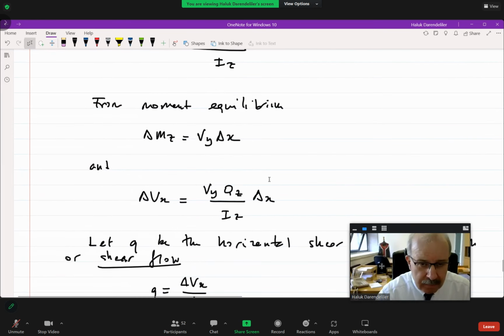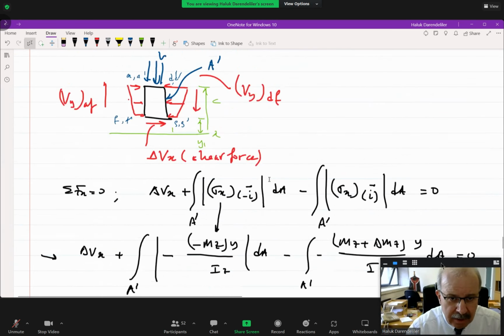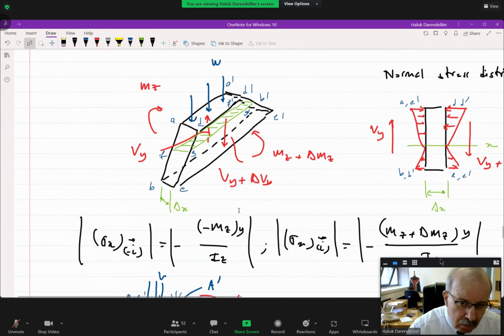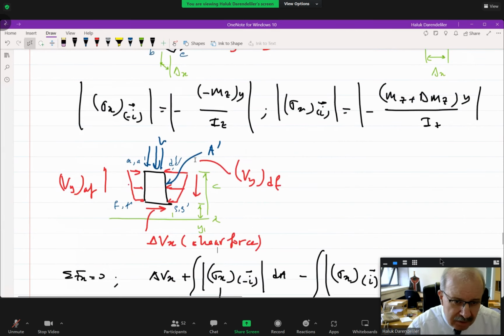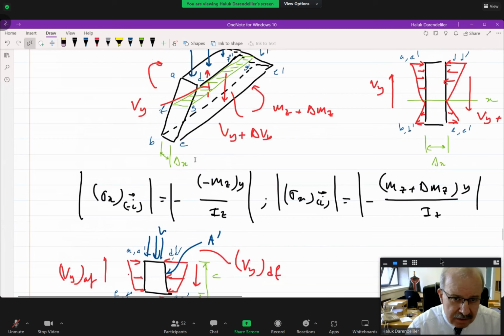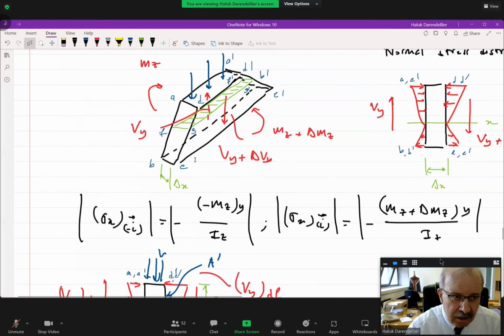Now, please look at here for a while. This time, I am going to take the lower portion of this infinitesimal slab. Previously, we have taken the upper. Now, the lower portion of this. I'm going to start from there.